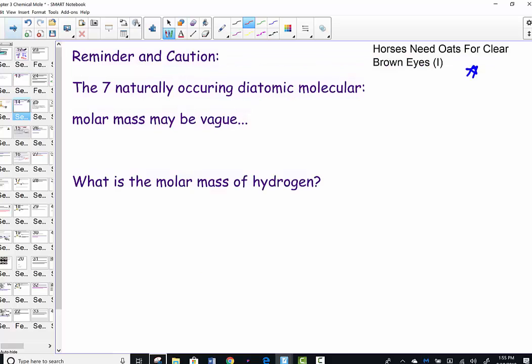And I just reminded myself to remind you to be careful about the 7 naturally occurring elements. If you hear what's the molar mass of hydrogen or chlorine, bromine, iodine, any of those 7 elements, this is a vague term.